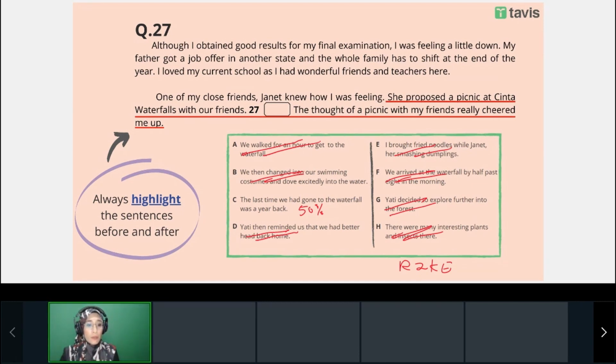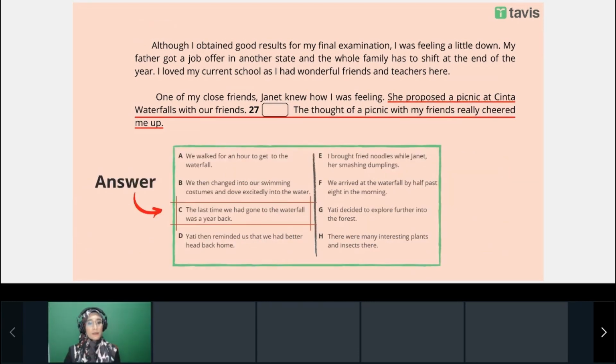So we are now left with the answer, and the answer is C. Like I said, this is just introducing, she's trying to remember. Therefore, the best fit would be C.